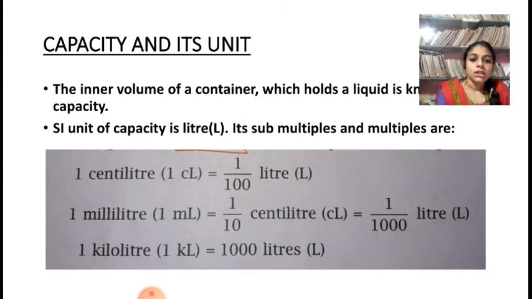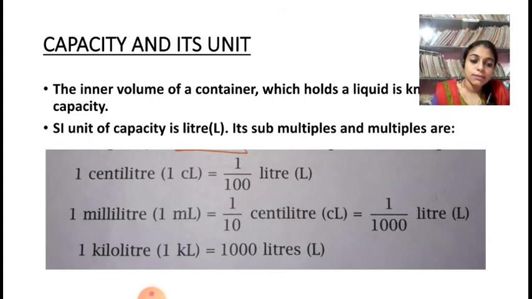That is, when we take any container, how much liquid the container will hold is its capacity. Its SI unit is liter. We all know that milk, oil, everything we measure in terms of liters and milliliters, isn't it? 1 liter of oil, 2 liters of milk, like that. So the SI unit of capacity is liter.